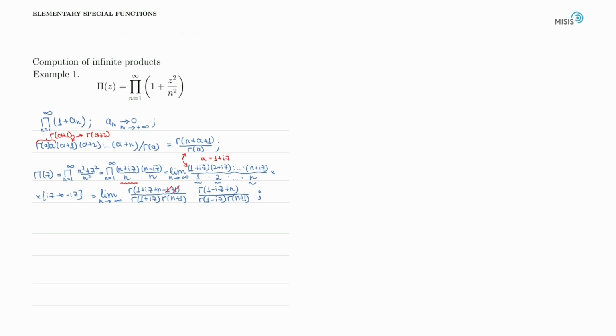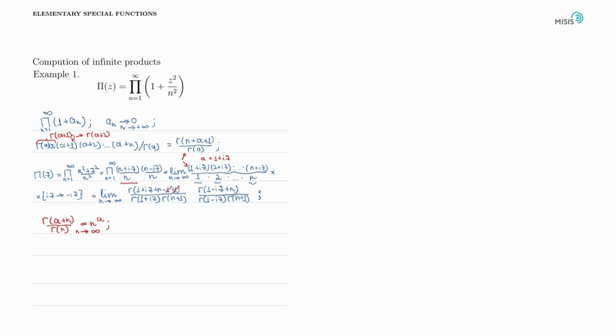Let's prove that the gamma function of a plus n divided by the gamma function of n behaves as n to the a when n tends to infinity.